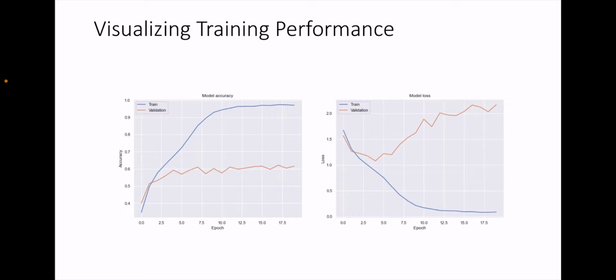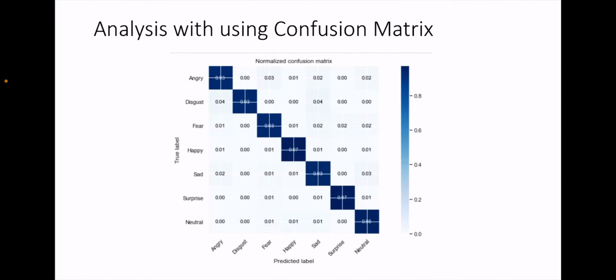This is the visualization of training performance. The left side is model accuracy, which increased, and the right side is model loss, or model error, which decreased. This is the confusion matrix, showing which classes may be confused together.